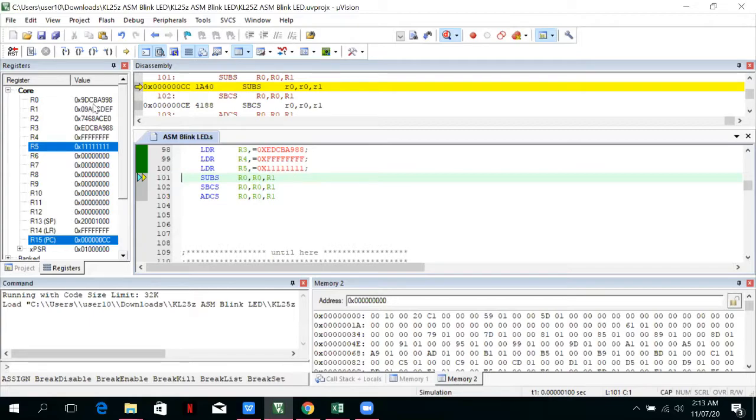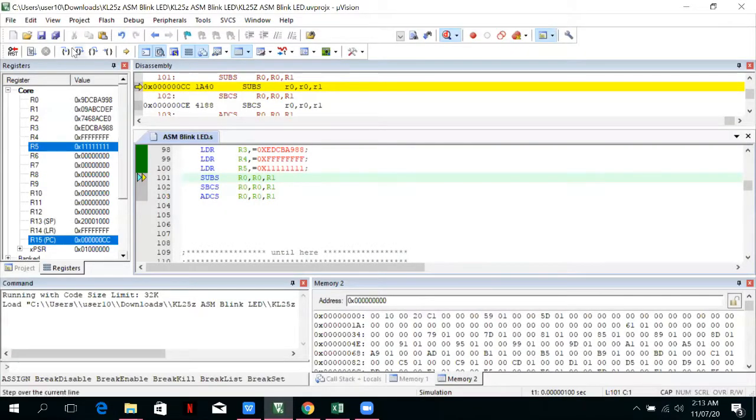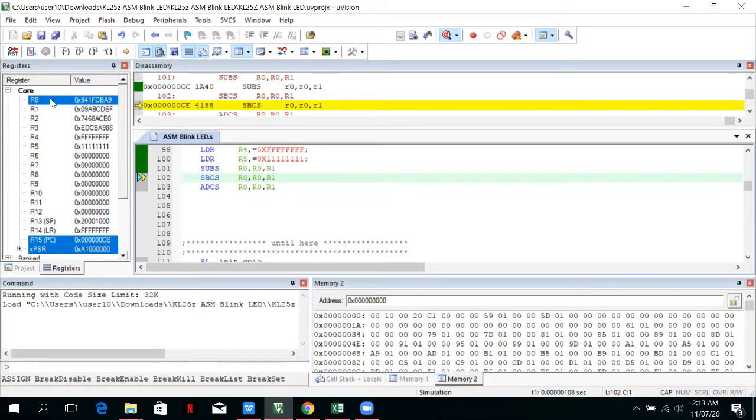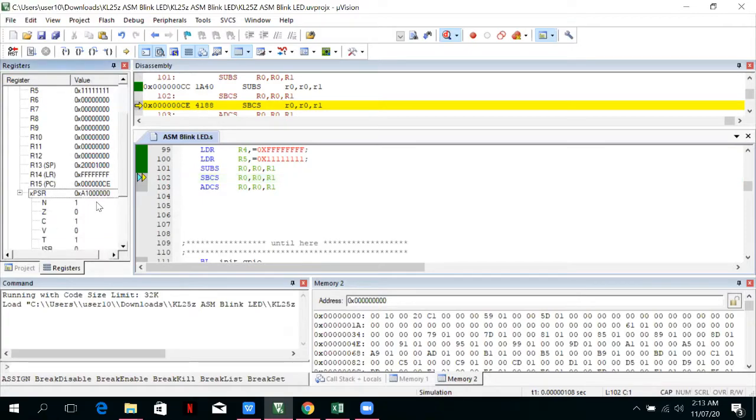So 9DCBA998 minus 09ABCDEF. This is the manual calculation, and from the manual calculation I get 941FDBA9. So here the result is the same, and at the PSR the carry is 1, so we don't have to reduce by 1.